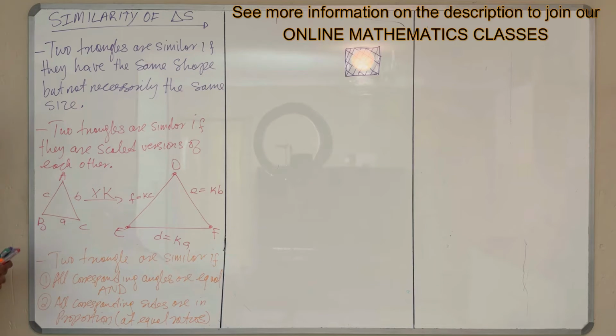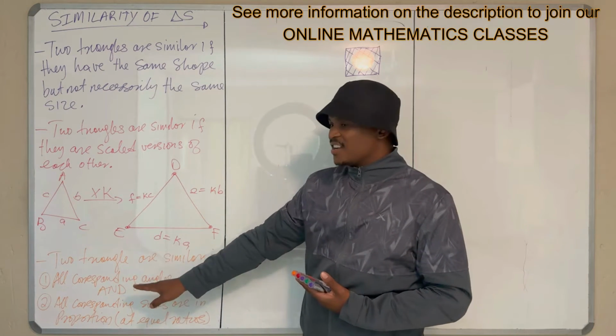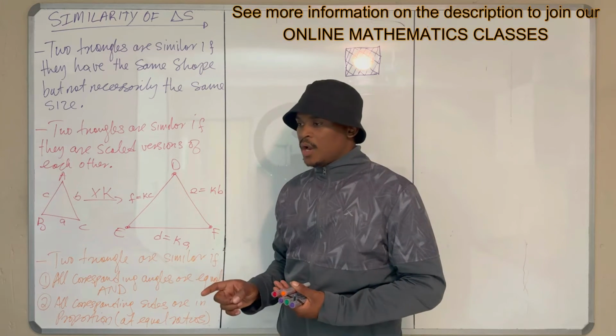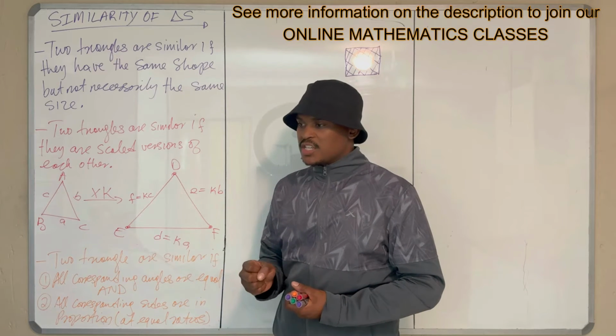So, two triangles are similar if all corresponding angles are equal and all corresponding sides are in proportion.